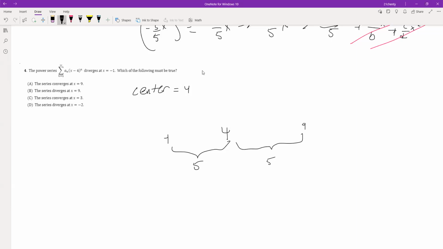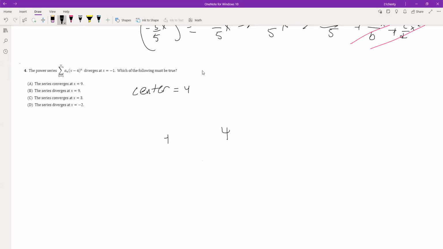So all of the terms from negative 1 to 9, or wait, no. I misread this, because it diverges at negative 1. It doesn't converge at negative 1.